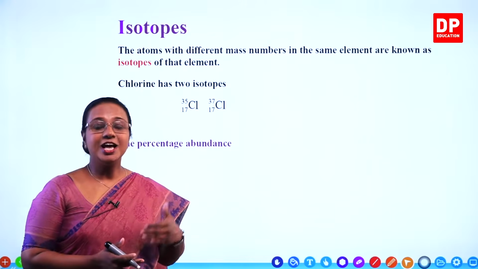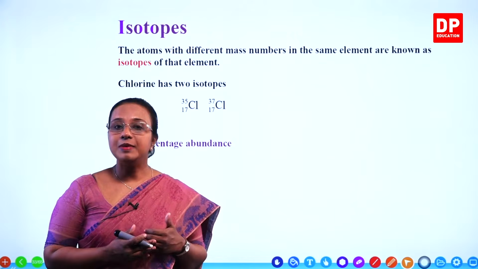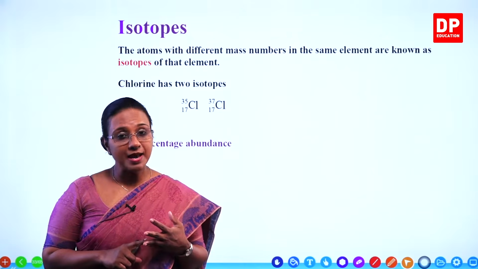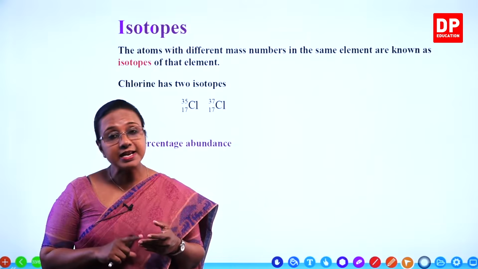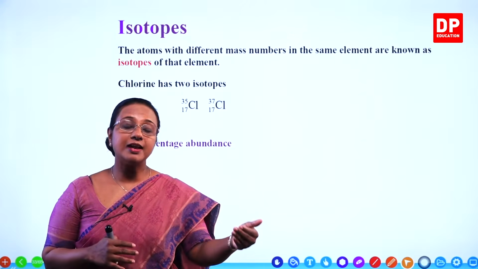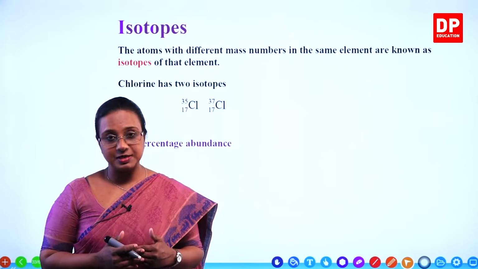Okay, students, up to now we have been discussing the model of an atom, the subatomic particles, and how they are arranged in an atom to give rise to different atoms of different elements.